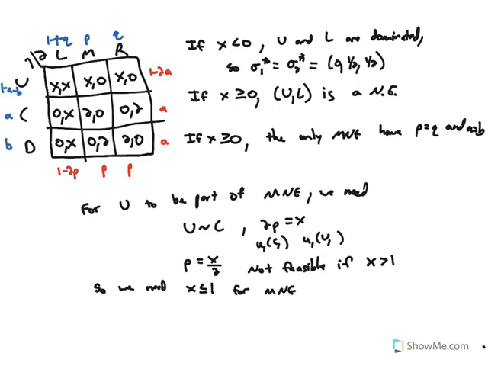Okay? So, if X is in the interval between 0 and 1, then we have that sigma 1 star equals sigma 2 star equals X over 2 for the 2 out, because P is equal to X over 2.